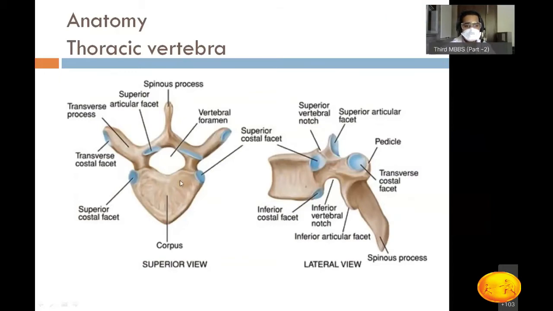The body is kidney shaped in the lumbar and heart shaped in case of a thoracic vertebra. Plus there are other differences compared to lumbar vertebra. There are facets for rib attachment: a transverse costal facet on the transverse process for rib attachment, and a costal facet at the lateral surface of the body for rib attachment.